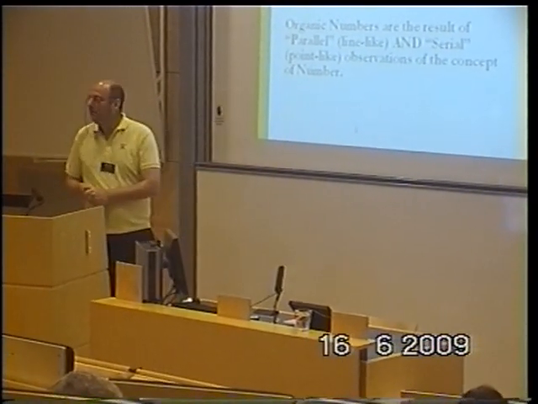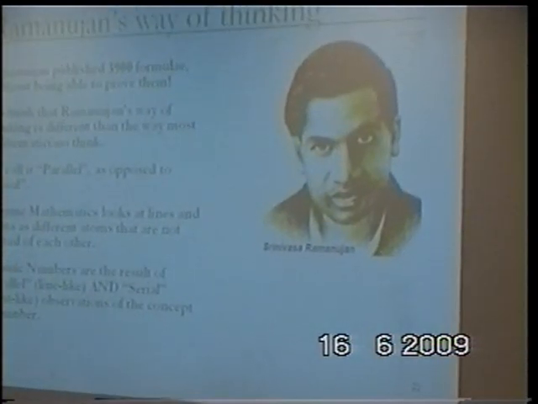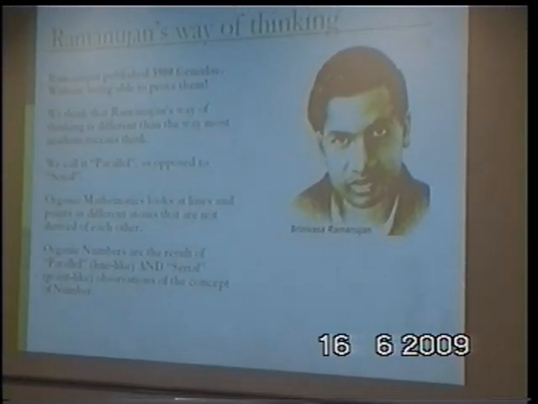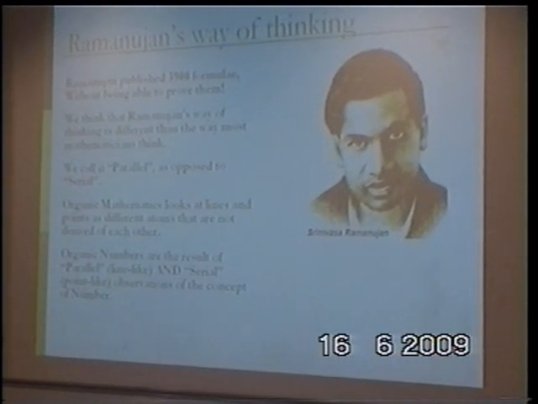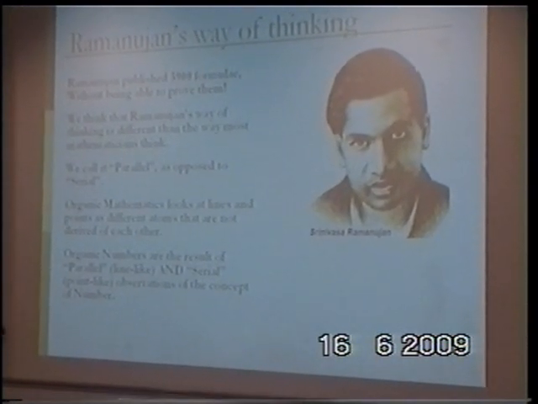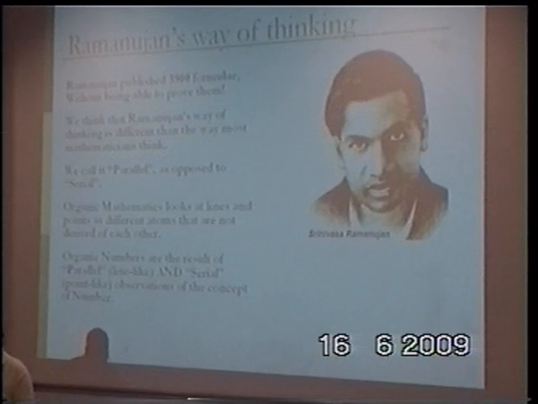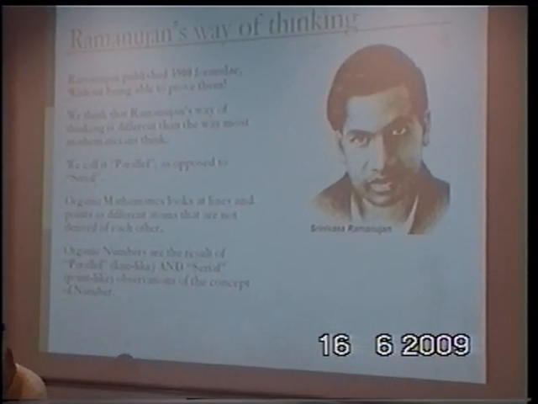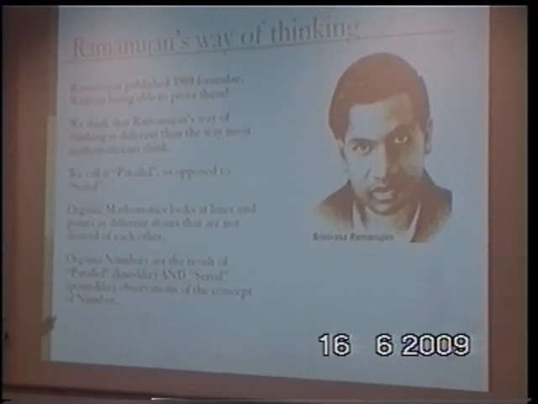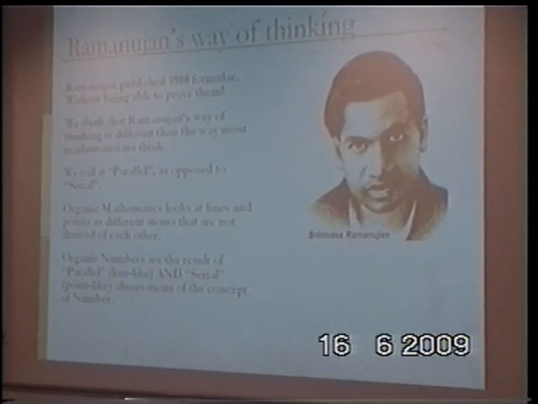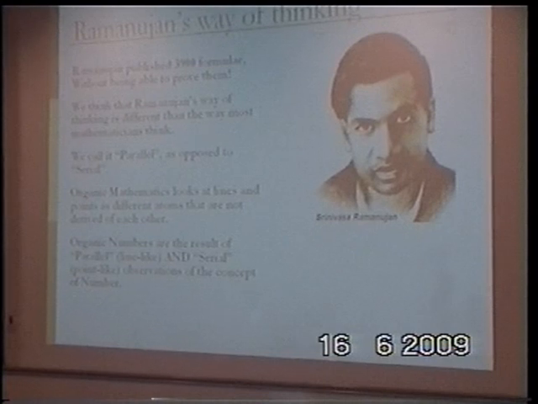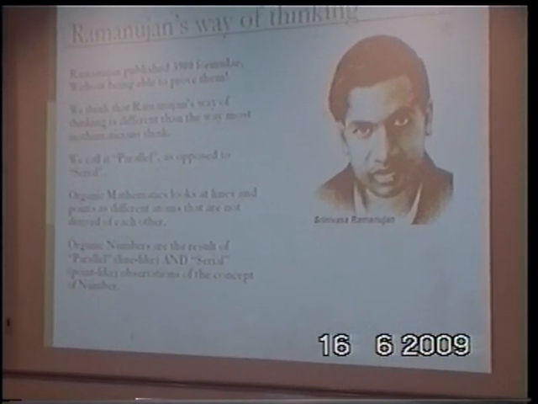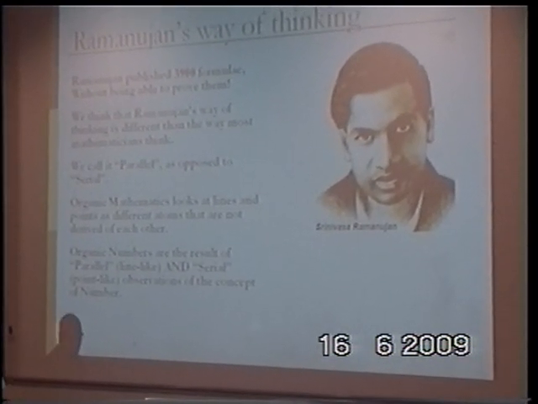Here's an example. A famous mathematician, Ramanujan, who discovered 4,000 formulas, was unique in his way of thinking. We think that our theory can explain how Ramanujan got to his ideas. Organic mathematics looks at a line's points as different atoms that are not divided one from another. In organic mathematics, a line is not a collection of infinitely many points.